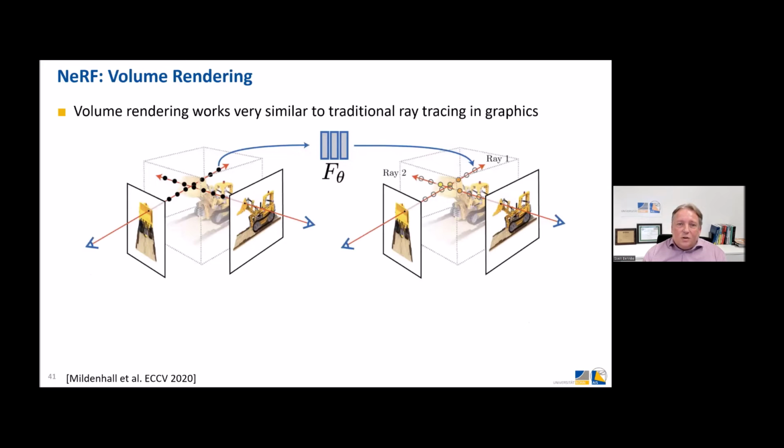And this is actually very similar to traditional ray tracing in graphics. So we shoot a ray, we sample it at some locations, we input that into our neural network that predicts color and how opaque or not this is here. And we can accumulate along a viewing direction all these predictions to render an image from arbitrary viewpoints.